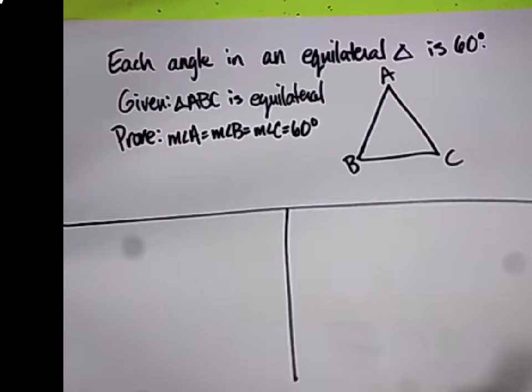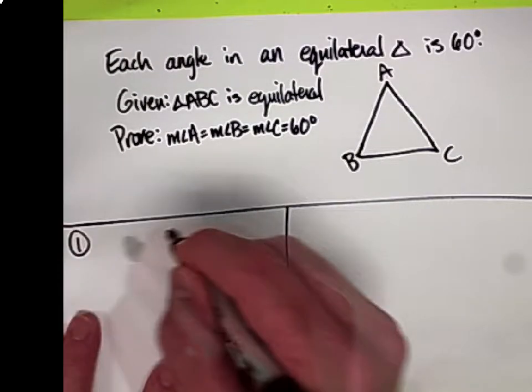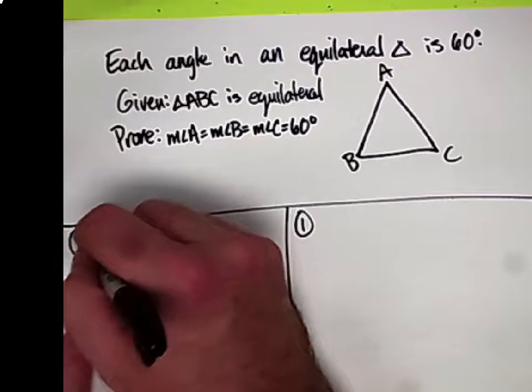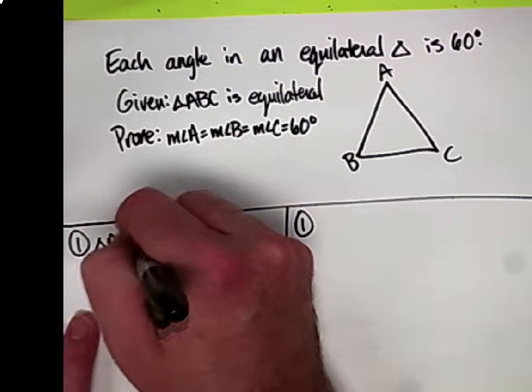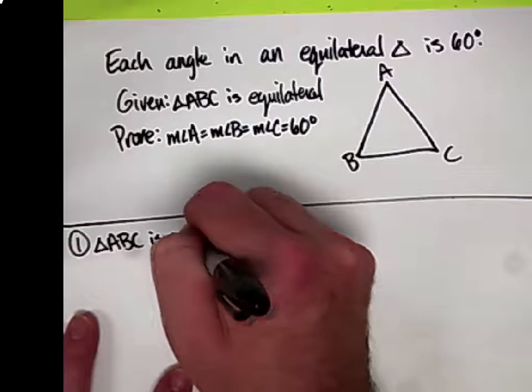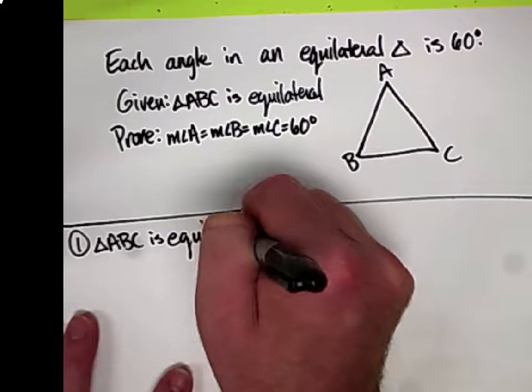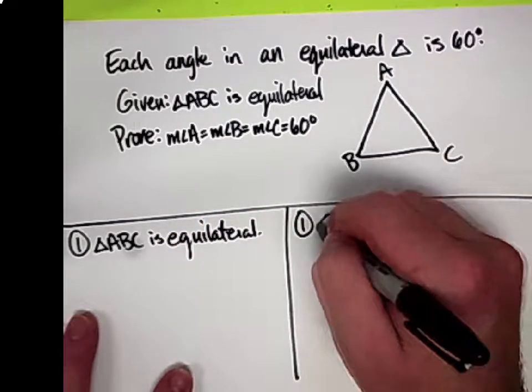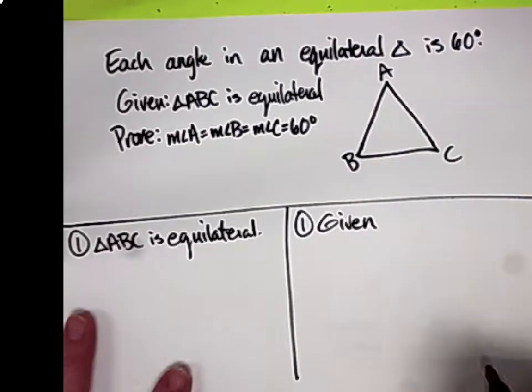Okay? Well, it's pretty short proof as well. You start with triangle ABC is equilateral. What's the reason? Given. Always going to get that one right.